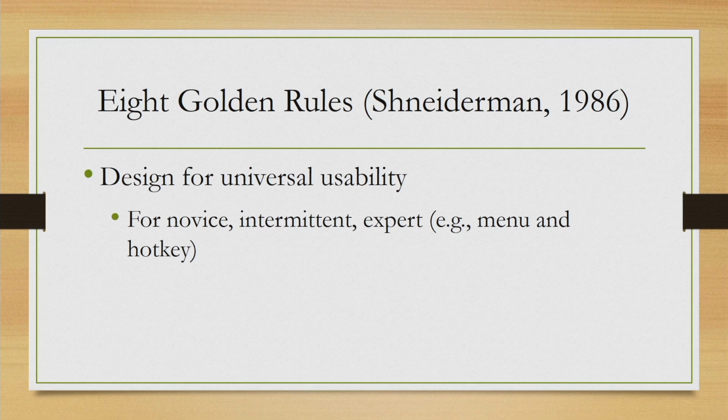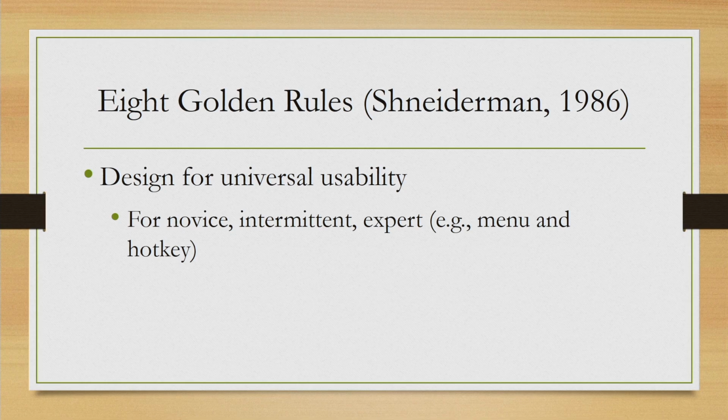For example, as we have already seen, in a word processor, say Microsoft Word or WordPad, we typically have two ways to save a file. One is through the menu and one is through the use of a combination of keys or hotkeys, say Control plus S. If we press these two keys together as a combination, then the file gets saved.